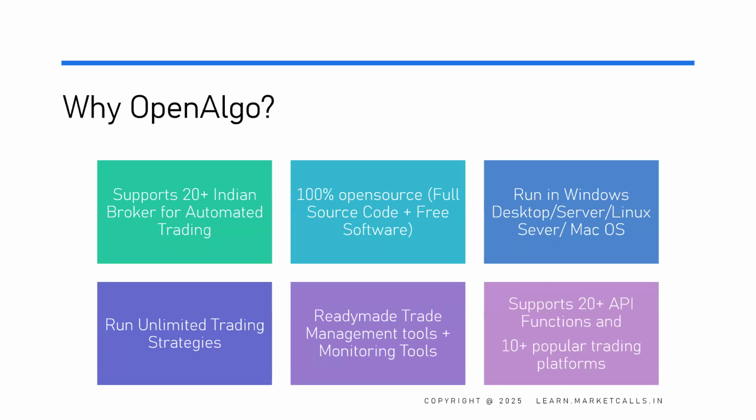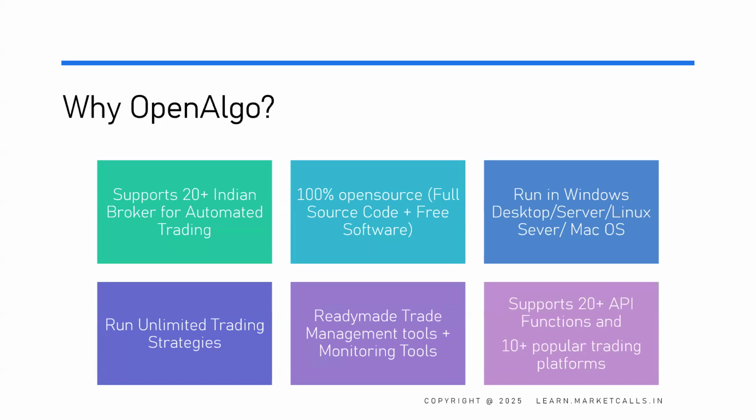It's completely yours, so you can customize, change, or modify whatever you want. It comes under the AGPL v3 license, meaning it is free to use and free to distribute. You can run it on Windows, Windows servers, Linux servers, or Mac operating systems. It's cross-platform, so you can run it on any platform of your choice.